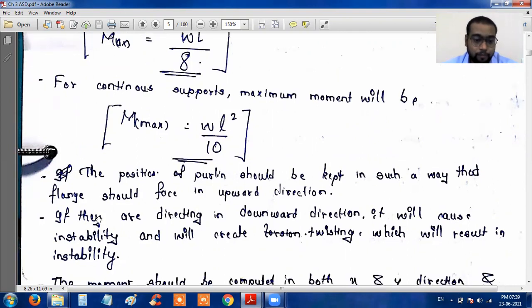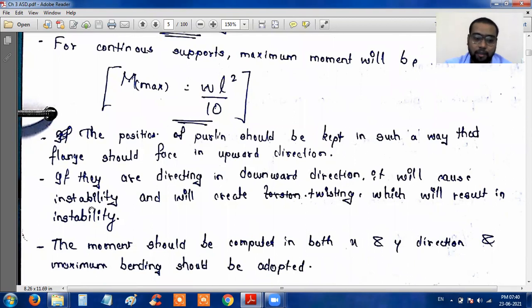Here the position of the purlin should be kept in such a way that the flanges face in the upward direction. If they are directed in the downward direction, it will cause twisting, which will result in instability.